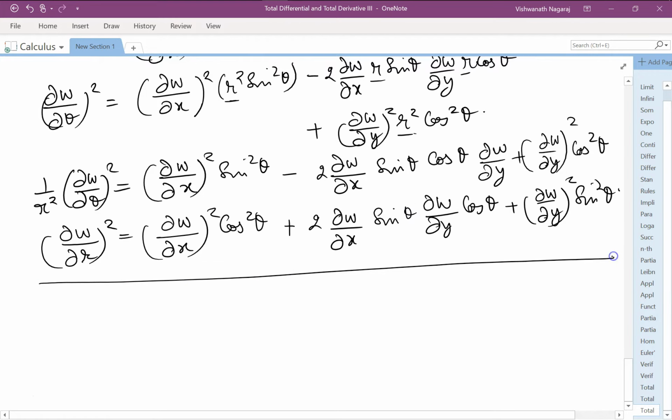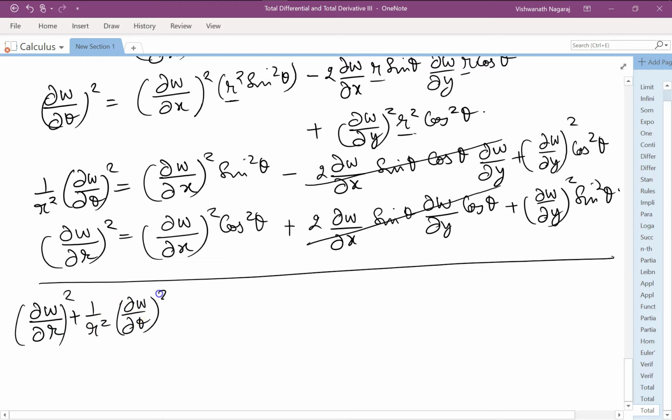Now let's add these up. If we add this up, what happens? This and this gets cancelled. Now what we arrive at is ∂w/∂r plus 1/r² ∂w/∂θ squared is equal to, now here this is common, (∂w/∂x) the whole square, so sin²θ plus cos²θ.